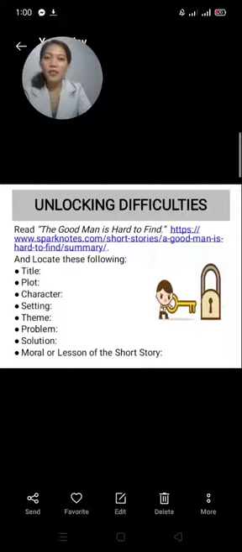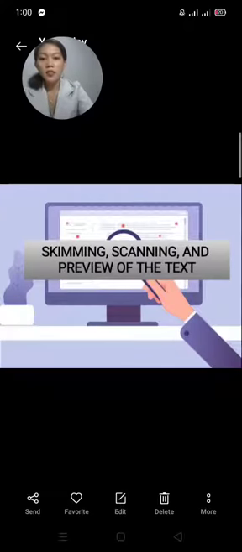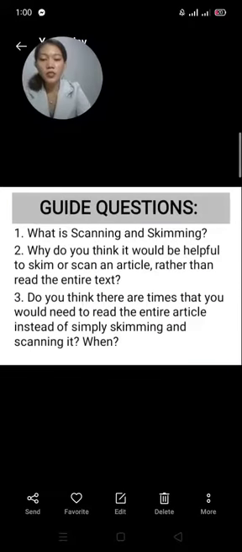Alright, so our topic for today is about the most commonly used reading strategies: skimming, scanning, and previewing of the text. As we go on with our discussion, we will be able to answer these questions. What is scanning and skimming?